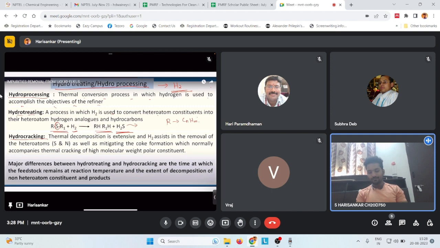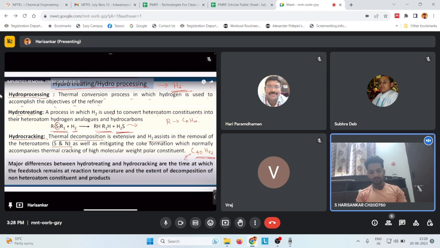And then we have hydrocracking, which is also basically an extensive thermal decomposition process using hydrogen to remove the heteroatoms like sulfur and nitrogen, as well as to crack heavier molecular weight compounds. So let's say we had something like C40H82, which is a very heavy carbon fraction.